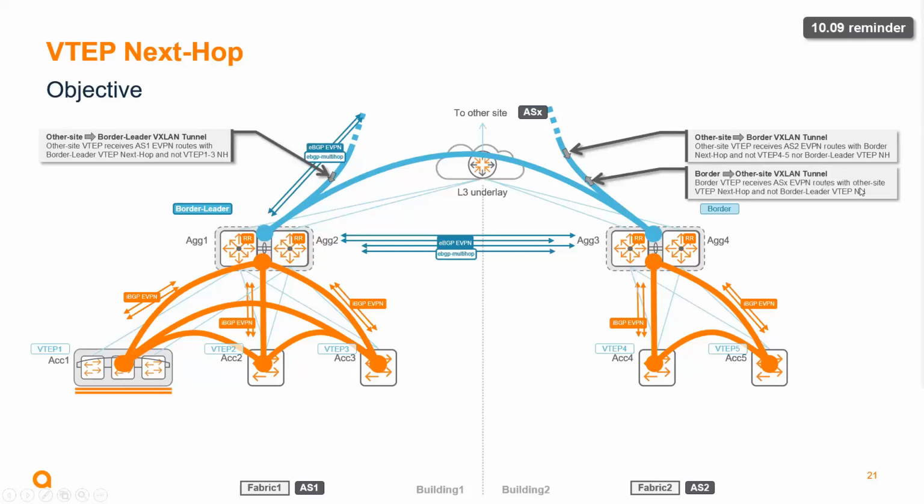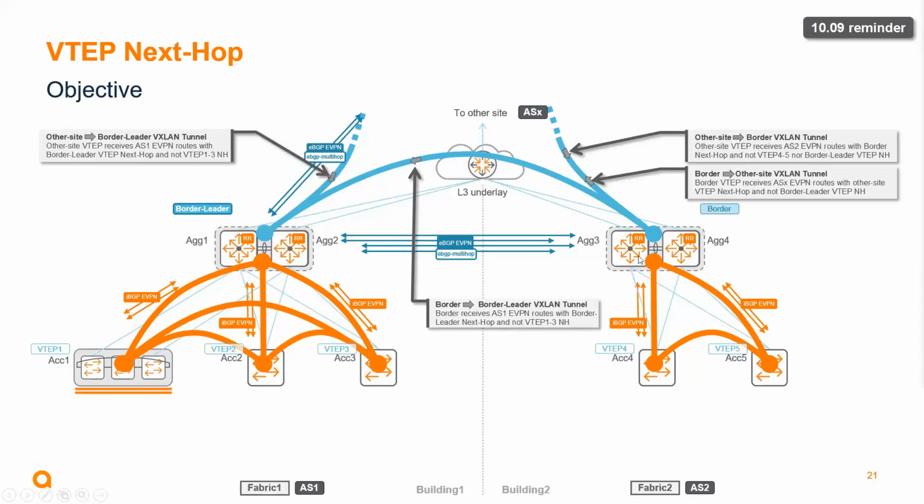We also want the site on the top to have all the routes received coming from that VTEP on the top, and not the next hop being the border leader. A similar aspect is that it will be done through a route map tuning the next hop from the border leader to the border, because the border does not have an EBGP session to the other side.